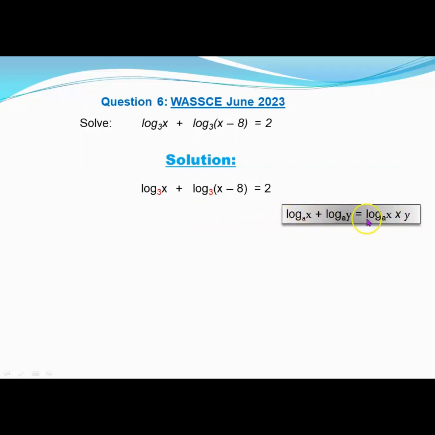If you apply this property to this question, you will see that the question now becomes log to base 3 of x multiplied by x minus 8, and it will be equal to 2.